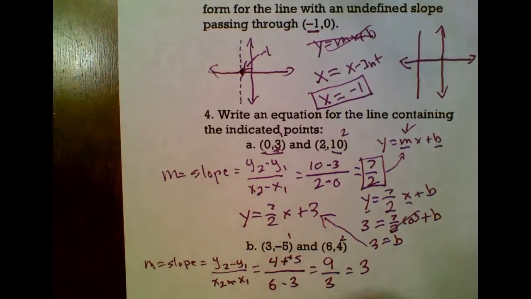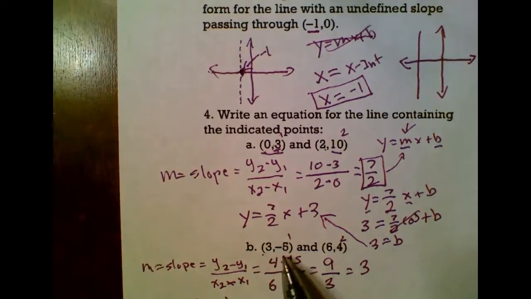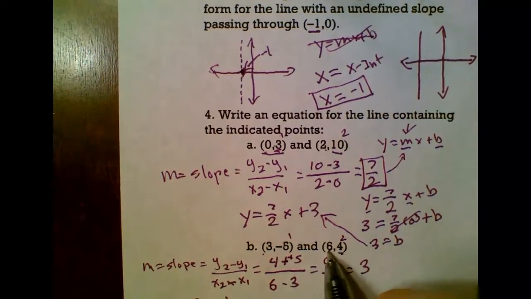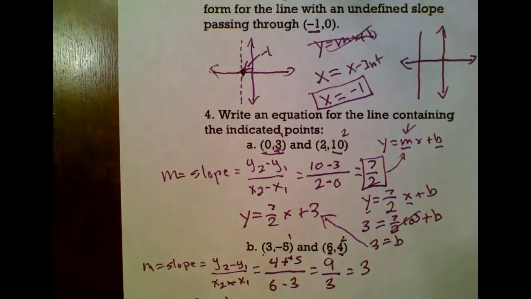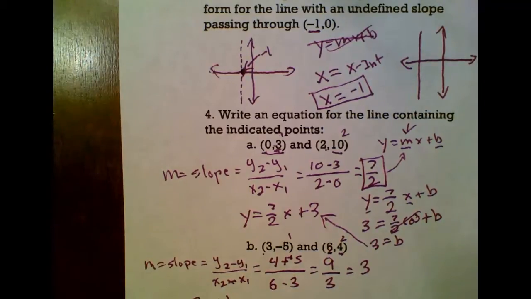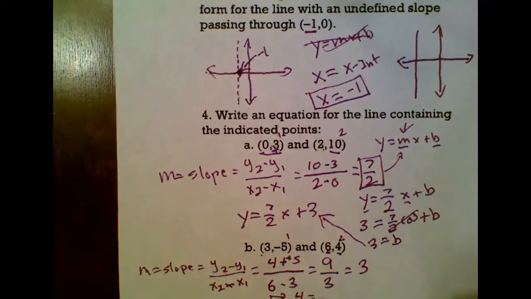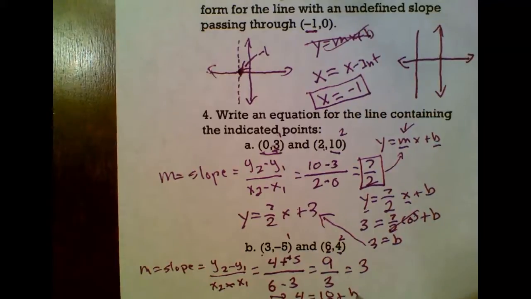So let's rewrite our equation. Y equals 3x plus b. Still got to find that b. So choose a point. Doesn't matter, this one or this one. I don't like that negative there, so I'm going to choose this one in this situation. So we're going to put this in for our y right there, the 6 in for our x right there. So we got 4 equals 3 times 6 plus b. We have 4, 3 times 6 is 18, 18 plus b.